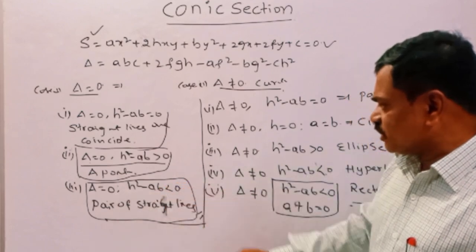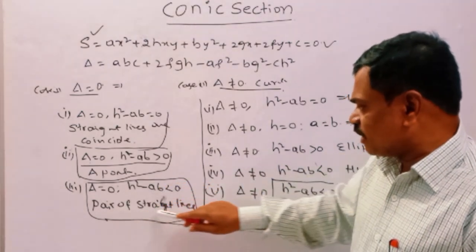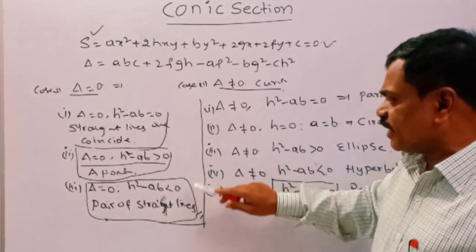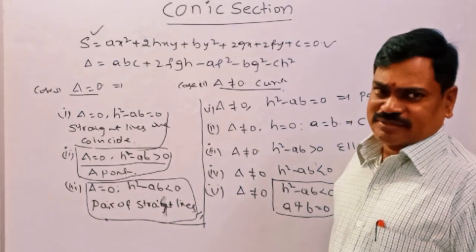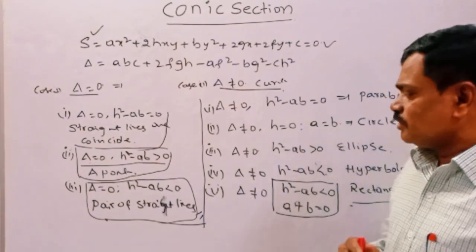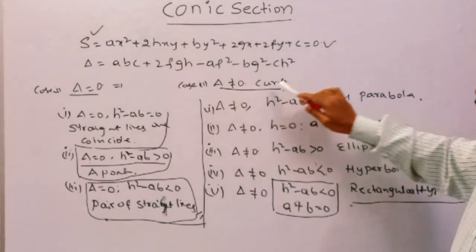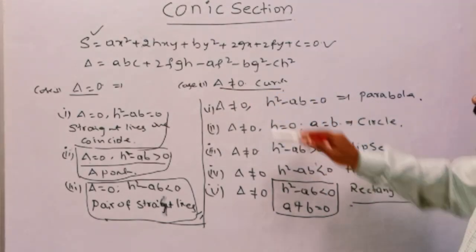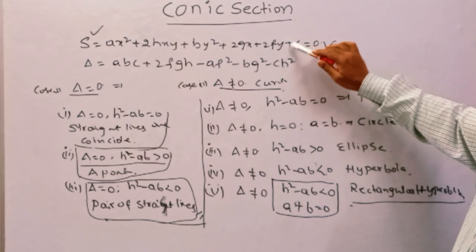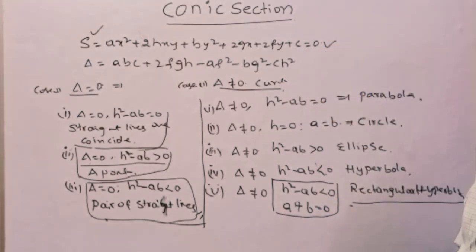Delta is equal to 0, h square minus ab less than 0, it represents a pair of straight lines, that is, two intersecting lines. Second case, delta not equal to 0: the given conic section equation represents a curve.